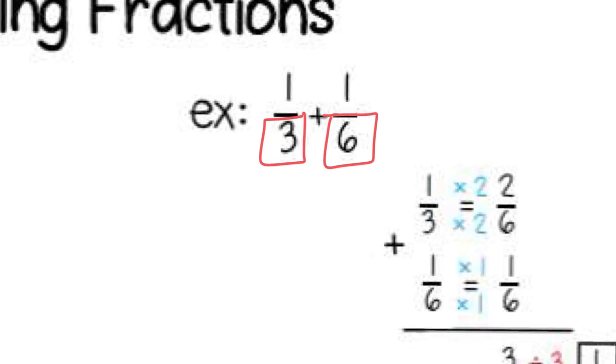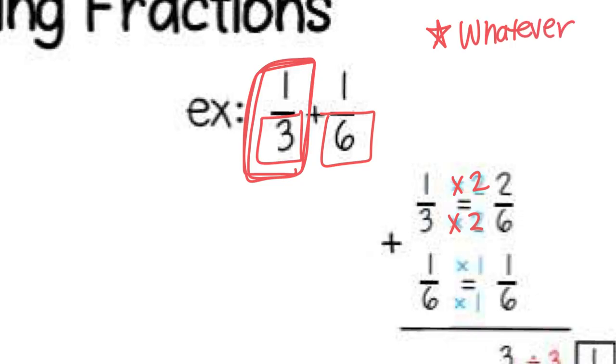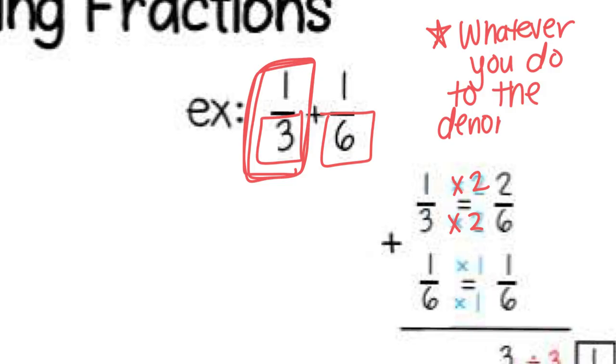So you could see I took the 1/3, since 6 is my least common denominator. What do I have to multiply 3 by to make it 6? 2. And whatever you do to the bottom of a fraction, you have to do to the top. So let's write that note.